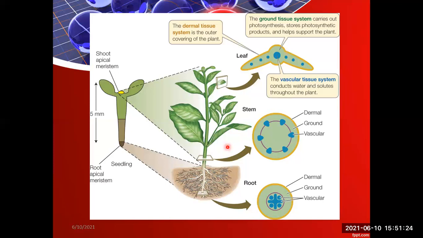When the anatomy of the stem is studied, it has three main tissues: dermal tissues, ground tissues, and vascular tissues. The internal structure of the root also shows these three types of tissues, which are present generally in the leaf tissue systems. All three types of tissue systems are fundamental parts of the plant body.